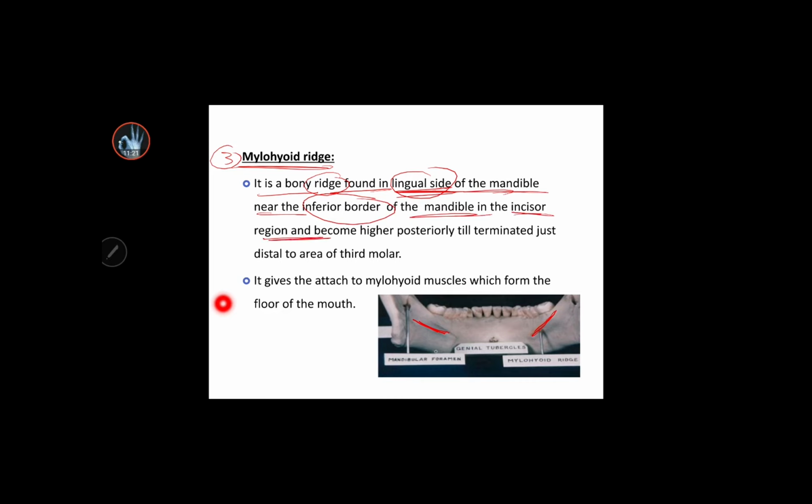This is the inferior border of the mandible in the incisor region, and the mylohyoid is near the inferior border. This is the inferior border at the incisor area, and this is the end of the mylohyoid.